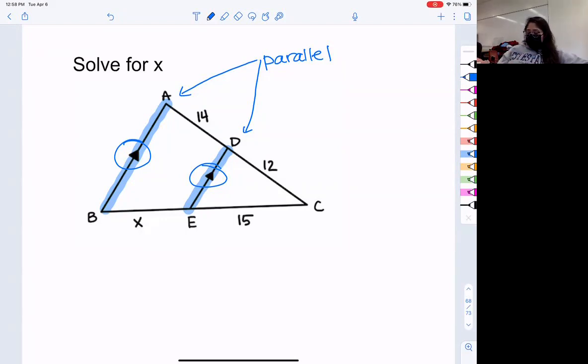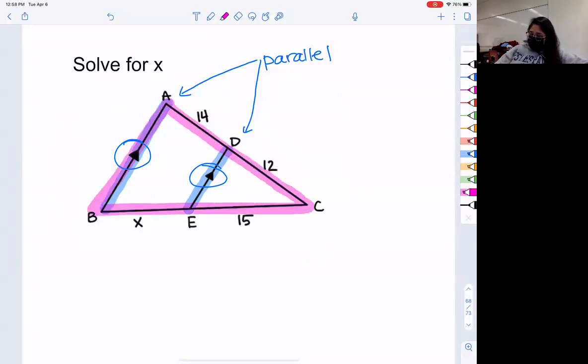So these two lines are parallel, which means that they're what, Gabriel? They don't touch, but what does it mean about the triangle?